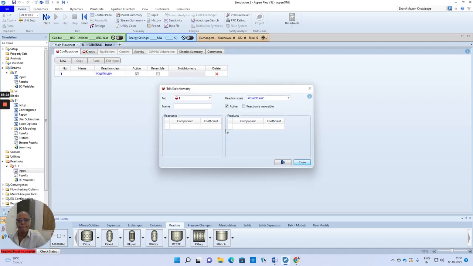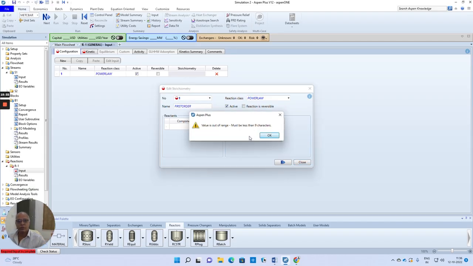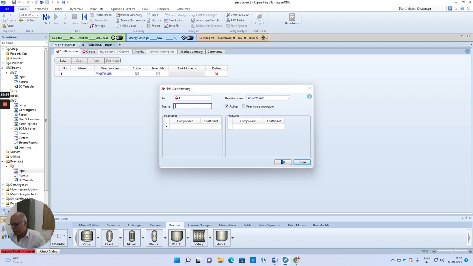Say new first order reaction. It will take only a maximum of 9 or 8 characters.